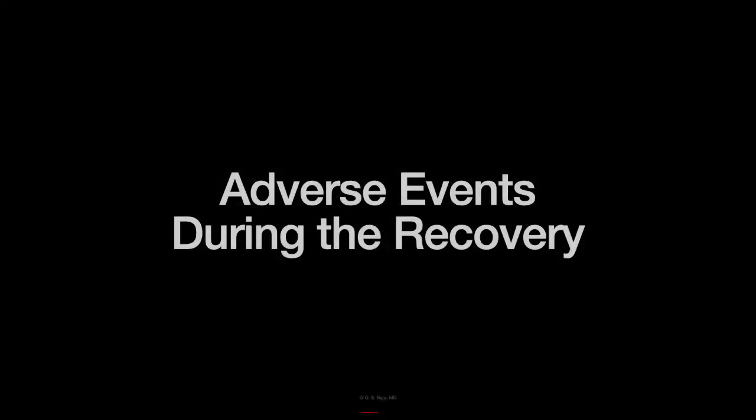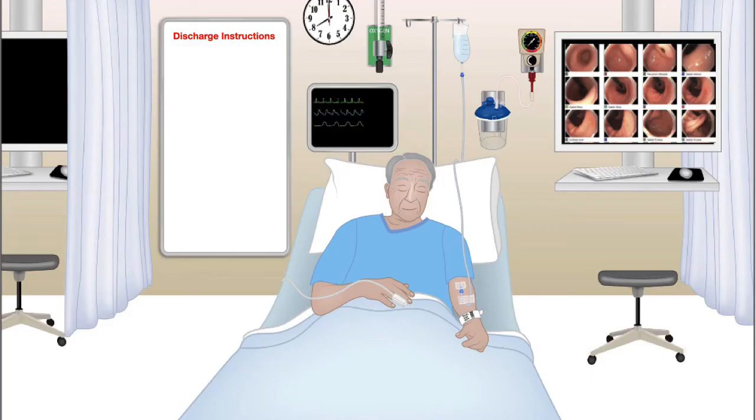Once the procedure is completed, and the patient comes into the recovery room without any adverse event, we provide some discharge instructions to the patient and the family to make sure that the patient is safe and recovers completely without an adverse event.